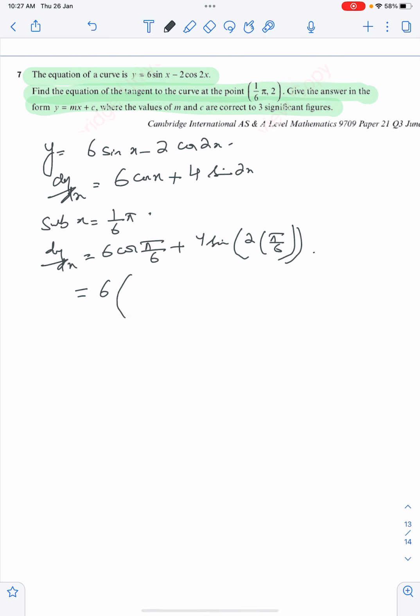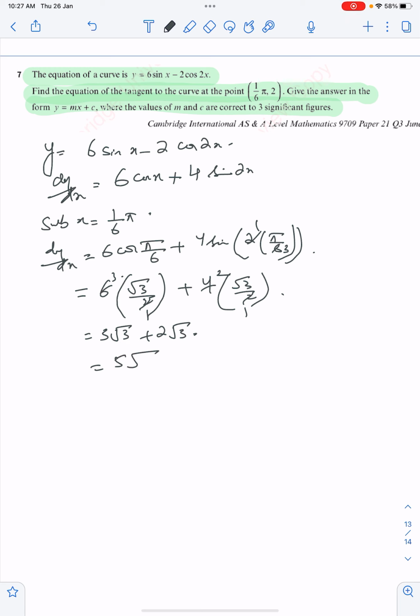Pi by 6 is 30 degrees. Cos of 30 is root 3 upon 2, plus 4 sin of pi by 3. Pi by 3 is 60. Sin of pi by 3 is also root 3 upon 2. If I simplify this, it becomes 3 root 3 plus 2 root 3, which is actually 5 root 3.